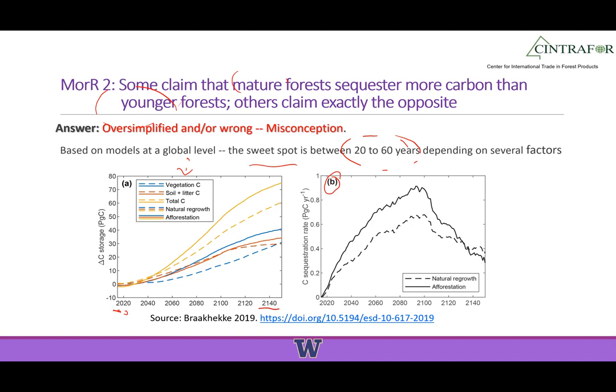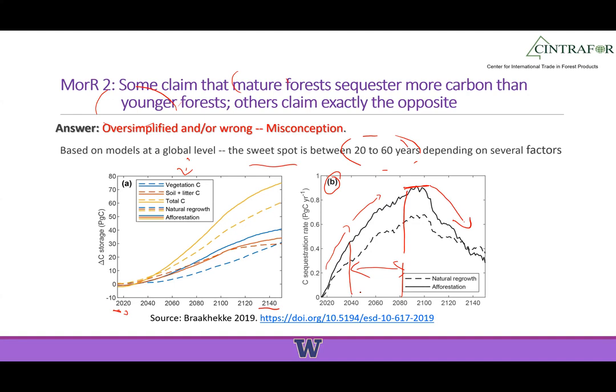As you see, the growth rate starts increasing significantly as the plantation gets into that 20-year age cycle, and then it starts plateauing off at the 60-year age cycle, and then starts going down. So that's where the sweet spot is.